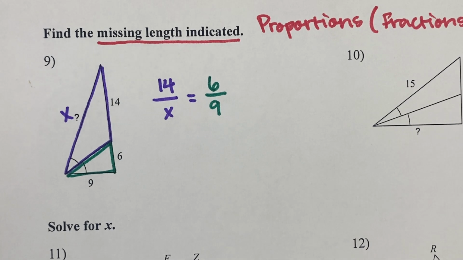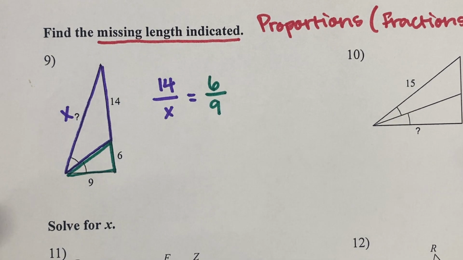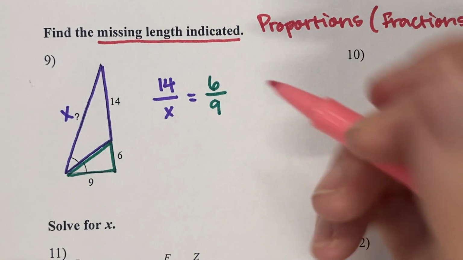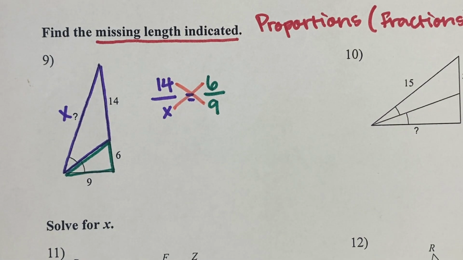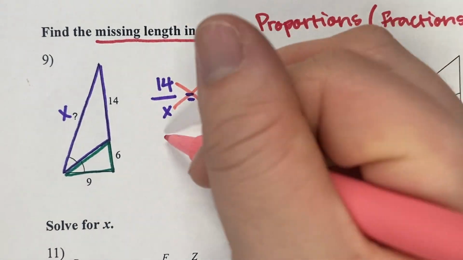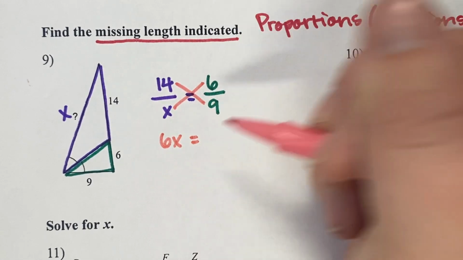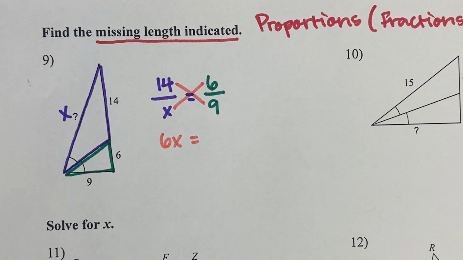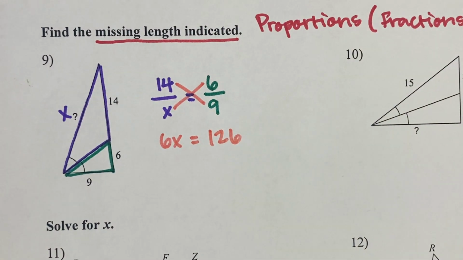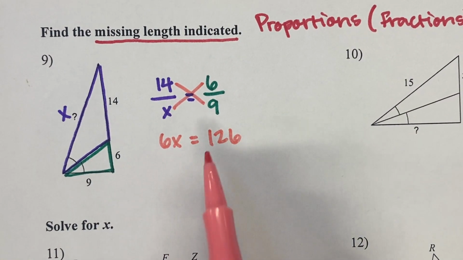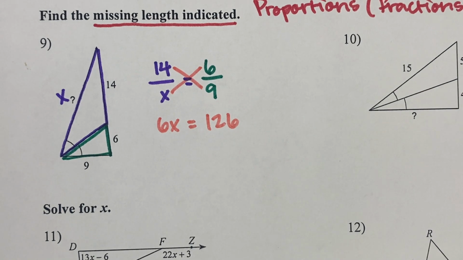Okay, now there's a couple different ways we can do this. We talked about 2 ways. The first way is to cross multiply. Okay, so I'm going to take 6 times x, 14 times 9. Okay, so I get 6 times x is just 6x. 14 times 9 is 126. Okay, now notice I have a little equation that I can solve for x.